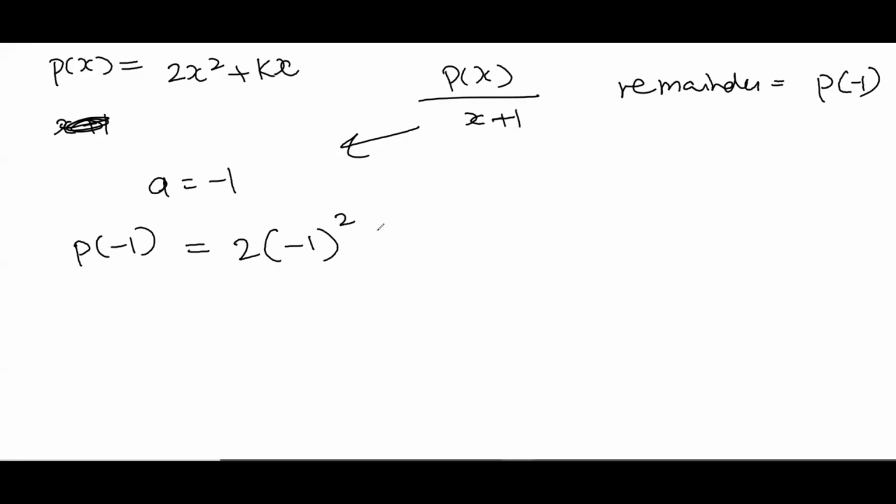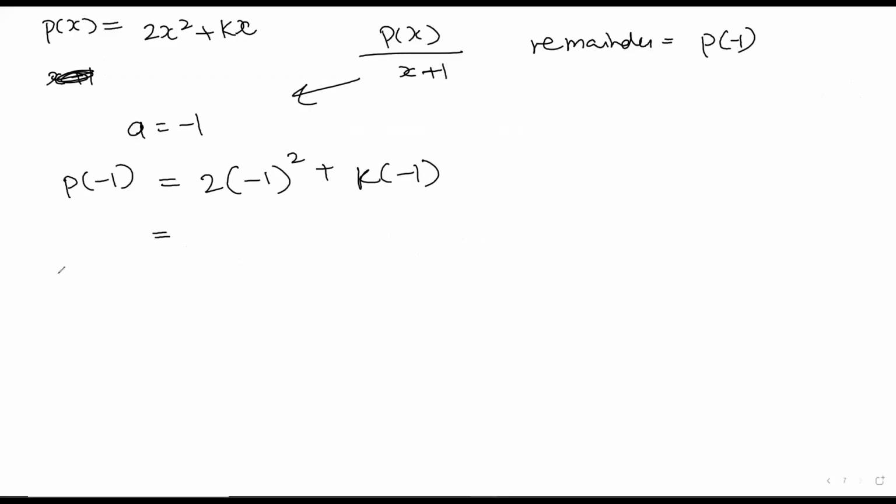Okay. So -1 squared and plus k. And instead of x, again, I put -1. So this is my p of -1. Now, would anyone like to solve this further? Ma'am, -1 square is 1. So we multiply 2 into 1.